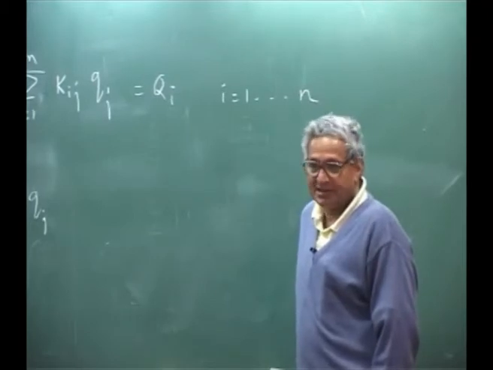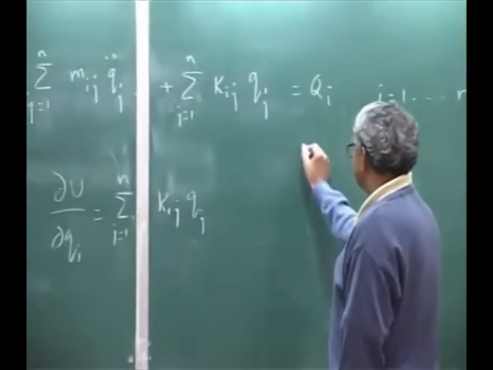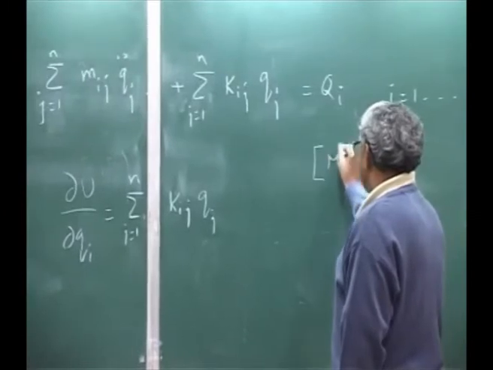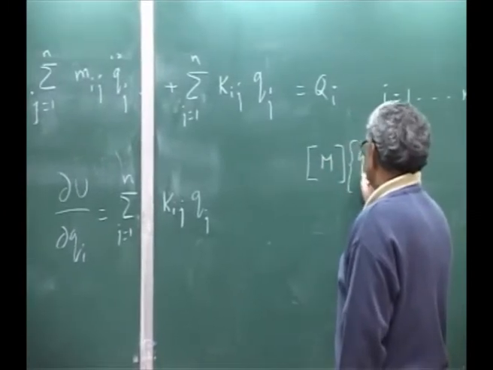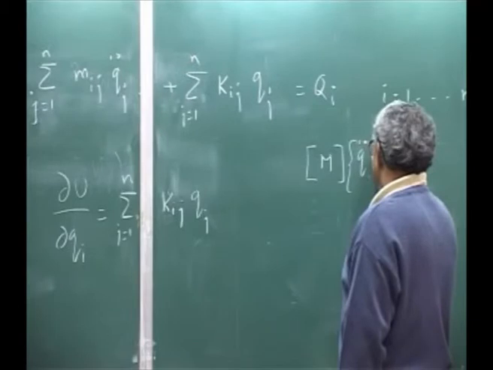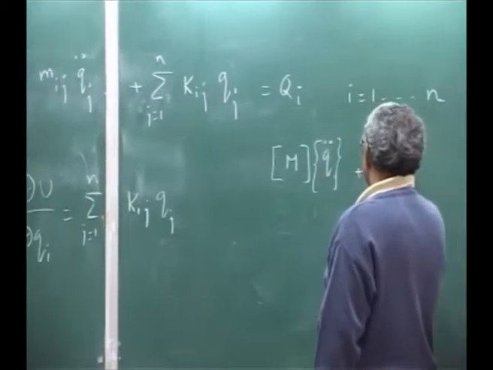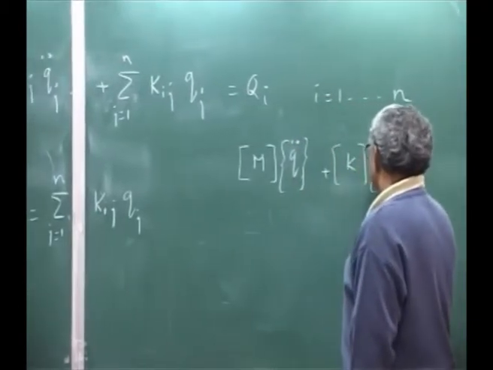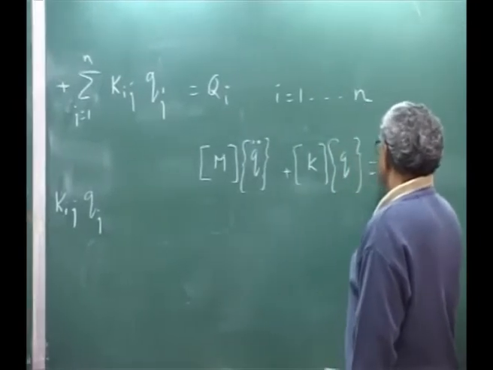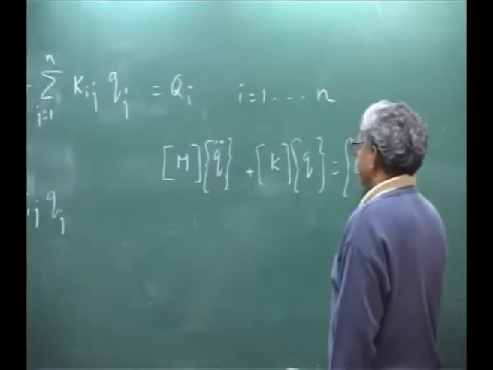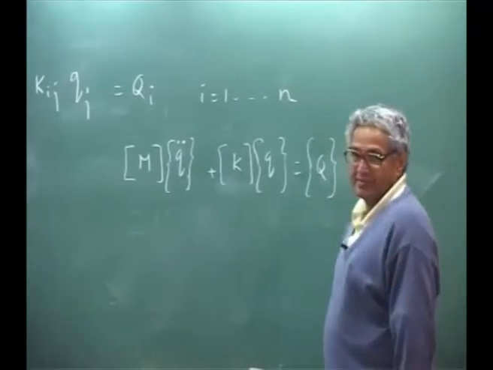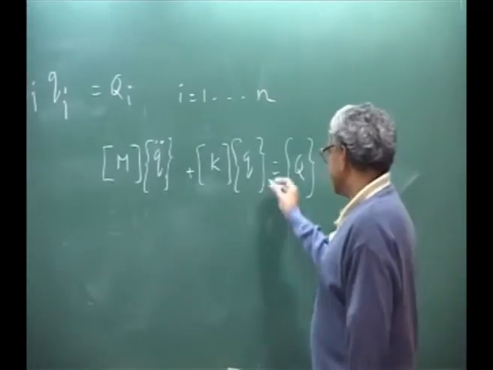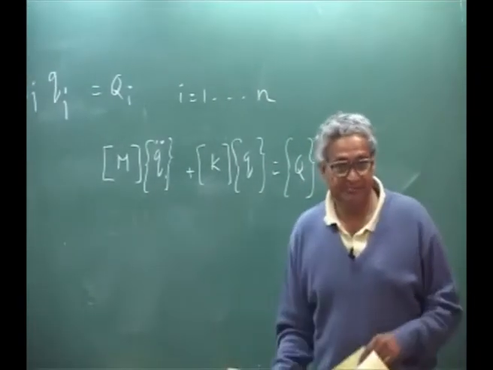I can put it in matrix form, which will be like M q double dot plus K q equals Q. This is the n by n system.